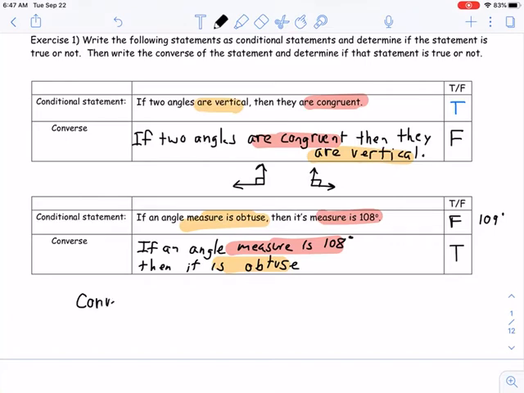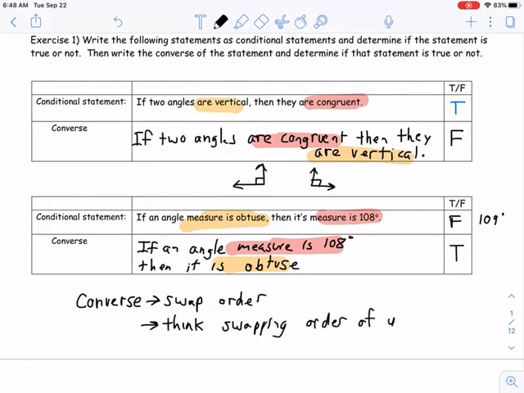Converse. You swap order. Students like to say, think about swapping the order of your Converse shoes.